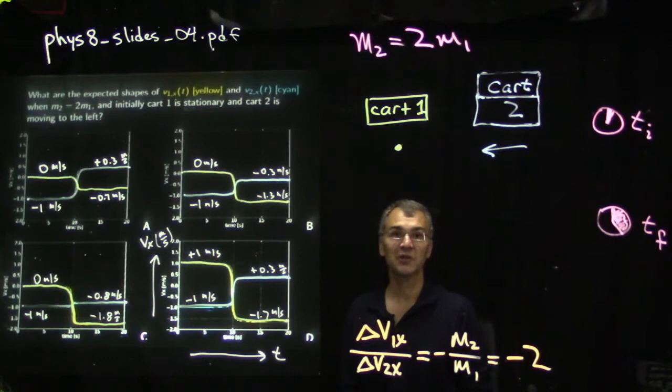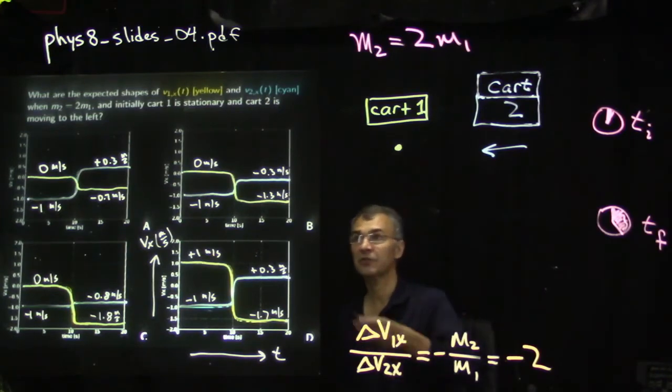Now let's consider a collision between the same two carts. Cart 2 has twice the mass of cart 1. But initially, cart 2 is moving to the left, while cart 1 is stationary. So let's see which graphs match those initial conditions.